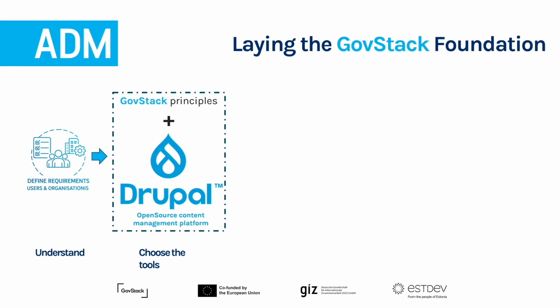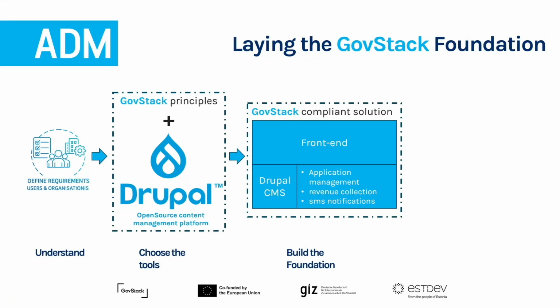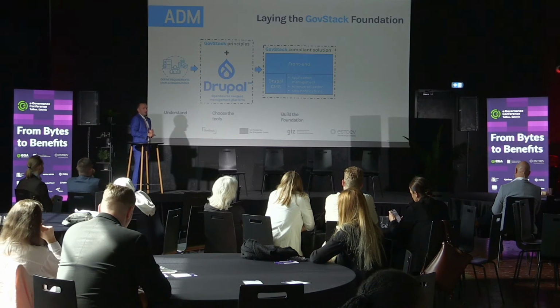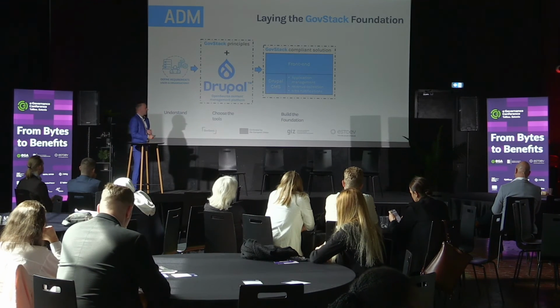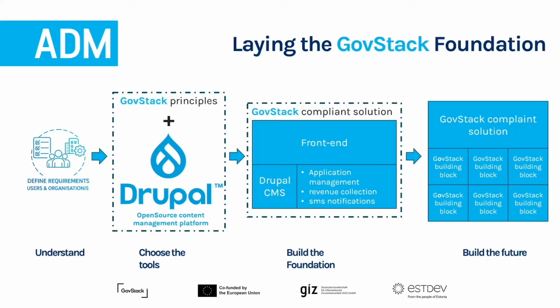But here we started to use open source technology, a Drupal CMS. We applied GovStack principles, so basically we decoupled it using this API-ready front-end technology, a secure CMS, and added some additional functionality into our ecosystem, which can in future add different GovStack building blocks.